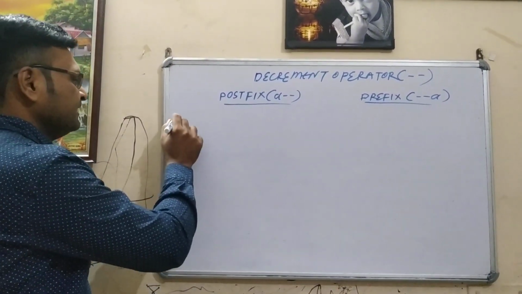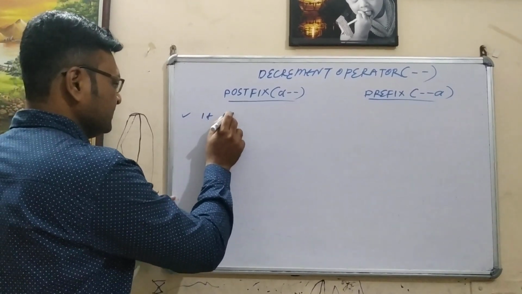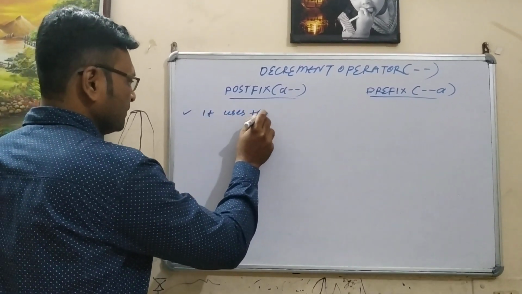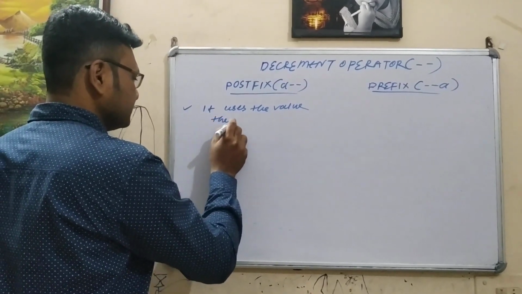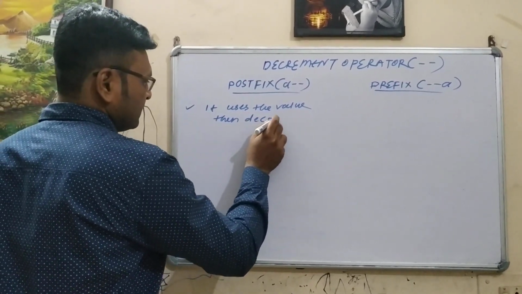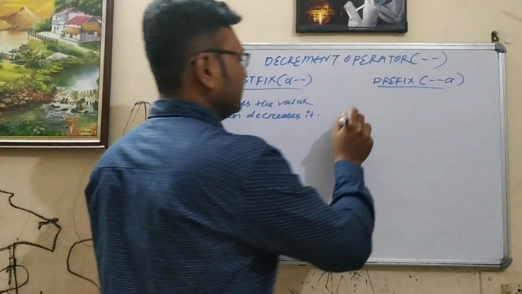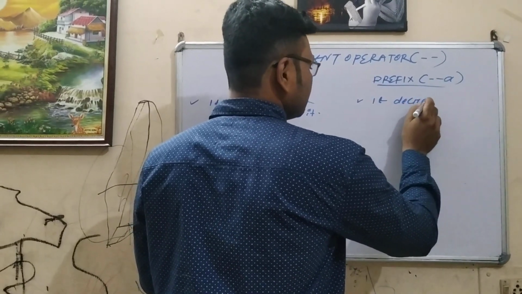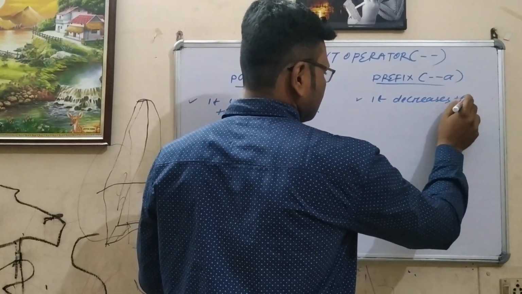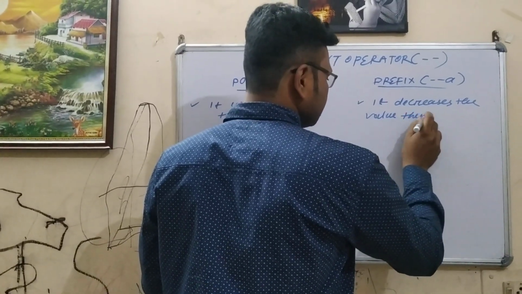Then the main difference is: in postfix it uses the value, then decreases it. In prefix, it decreases the value, then uses it.